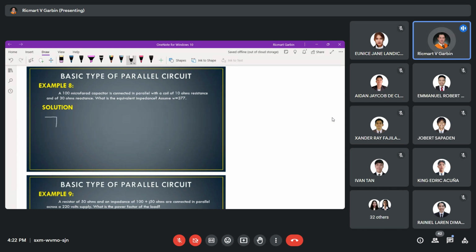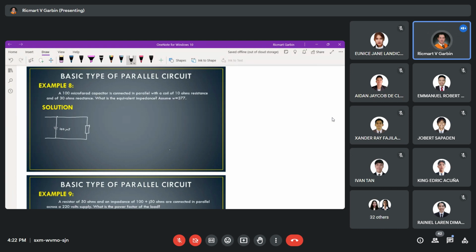So, meron daw tayong 100 microfarads na capacitor. This is 100 microfarads. Connected daw siya in parallel with the coil. So, ito yung coil. Pag coil, ang ibig sabihin nun ay combination siya ng resistor and an inductor.